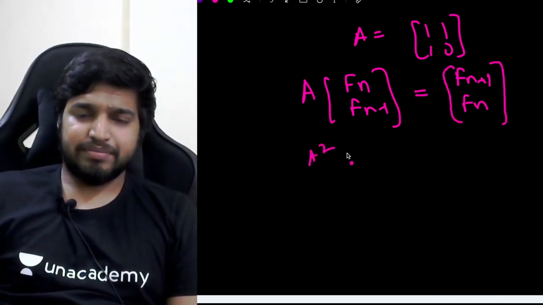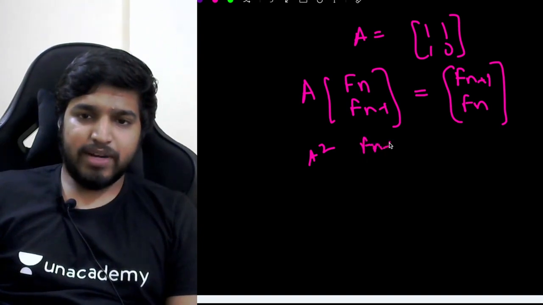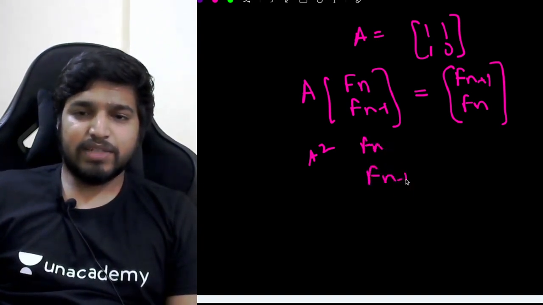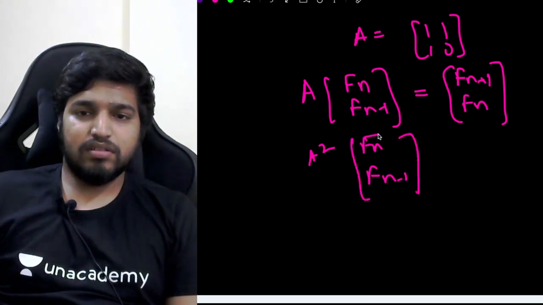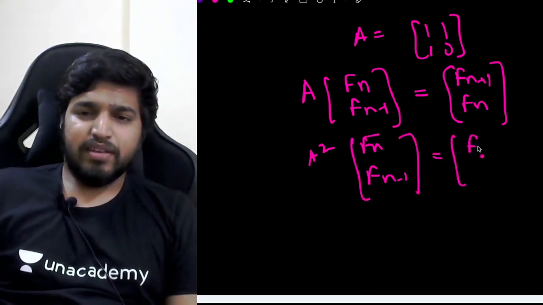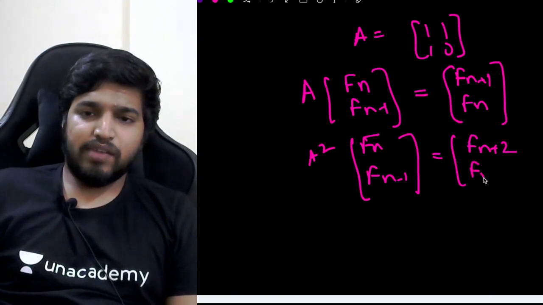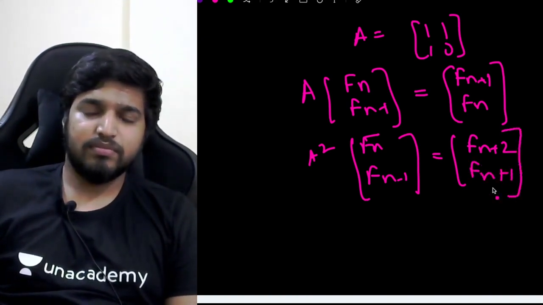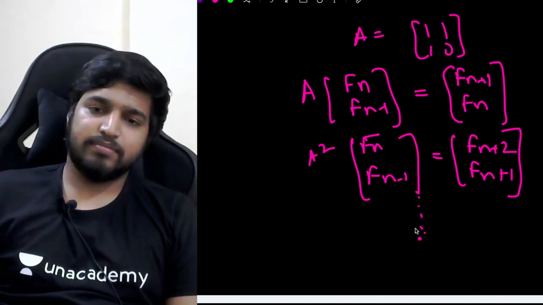A square into Fn minus 1, Fn is equal to Fn plus 2, Fn plus 1, and so on.